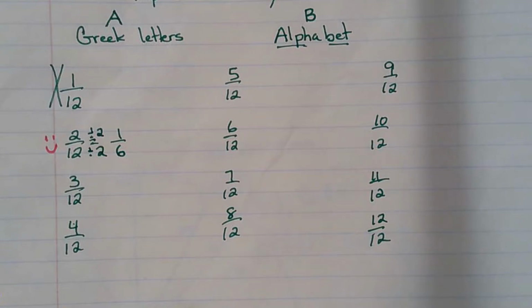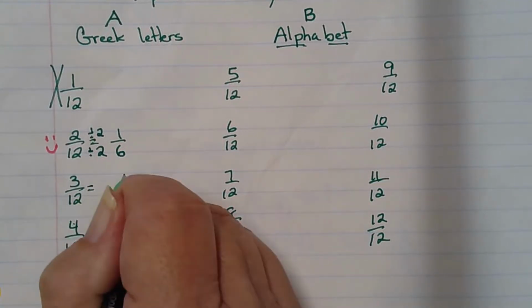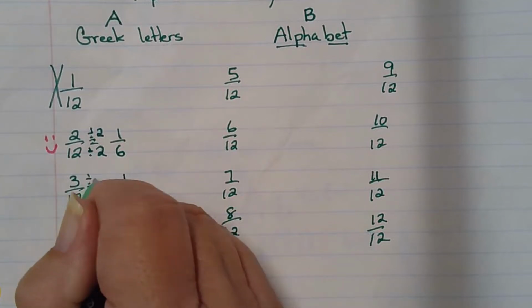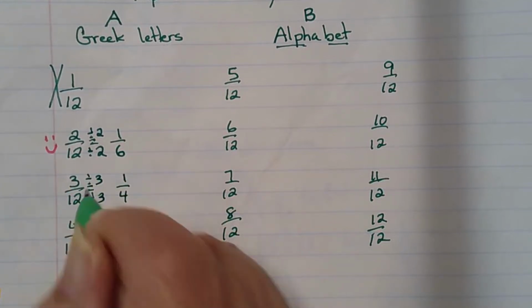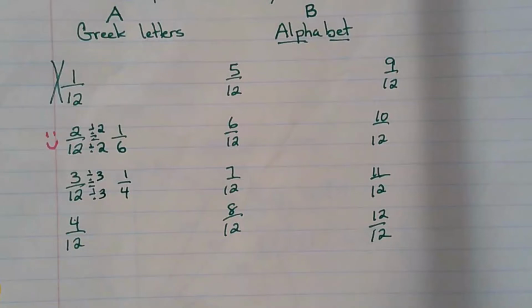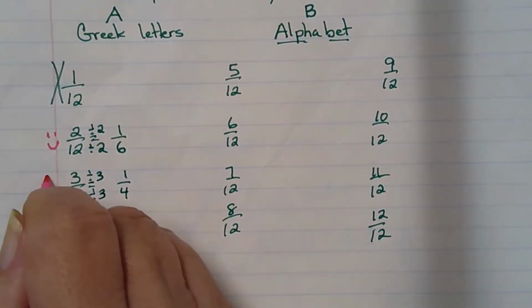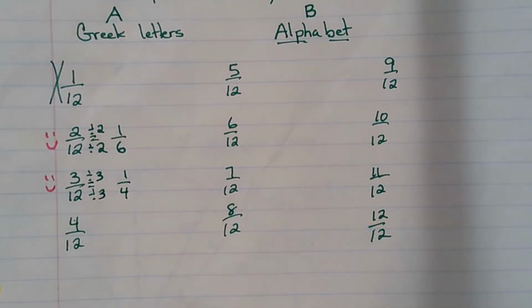That's going to be helpful to us. All right, 3/12, what does that simplify to be? 1/4. Greatest common factor is 3. Is pi over 4 on your unit circle? Yes. So 3/12 is going to be a helpful fraction for us.